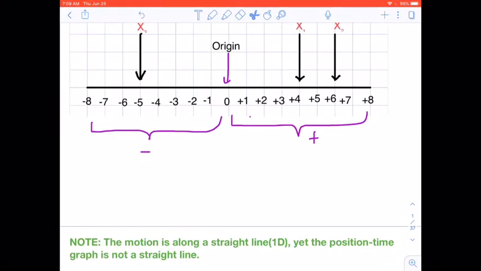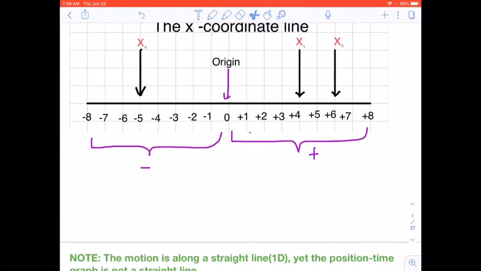Now, on a coordinate line, position of a particle is easily specified. For instance, if I say the particle has a position of +4, you will know where that particle is.